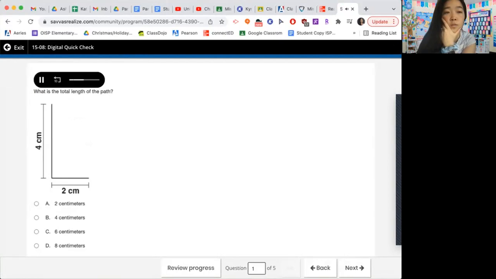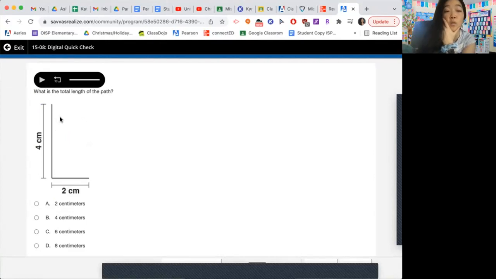What is the total length of the path? Okay, so we measured this with a ruler and this long line was 4 centimeters. So imagine we're trying to figure out that a little ant was crawling and crawled this length.